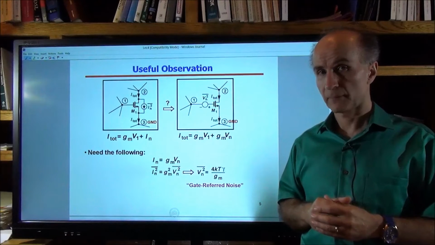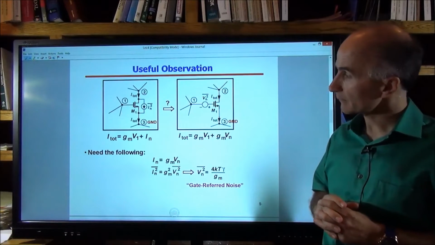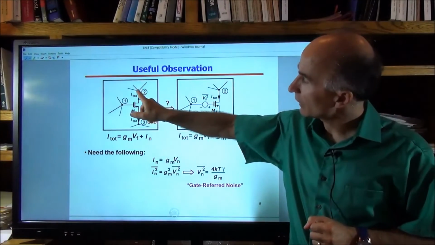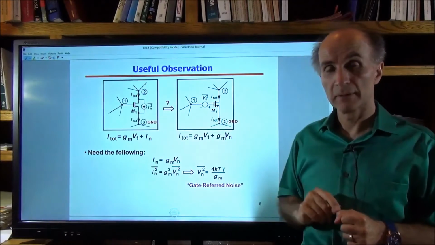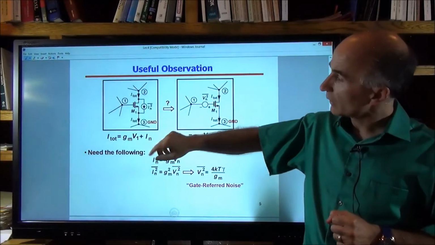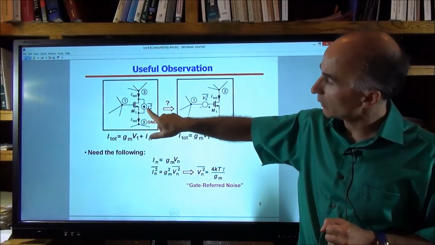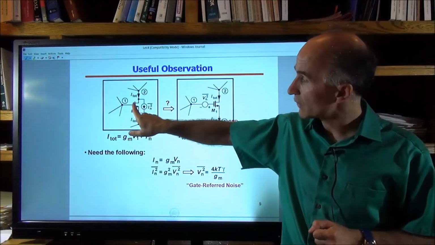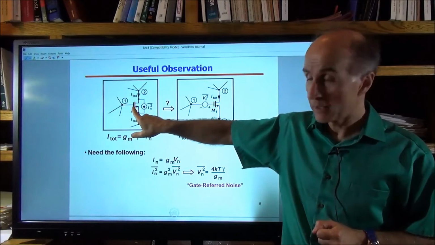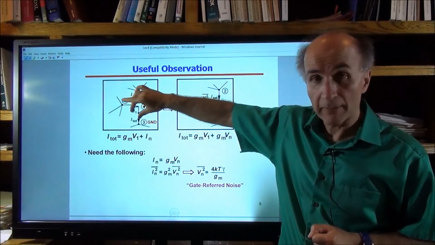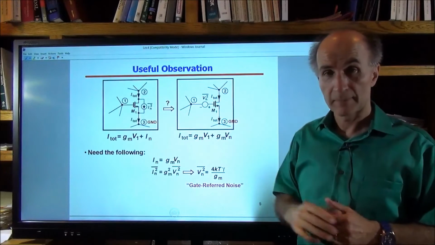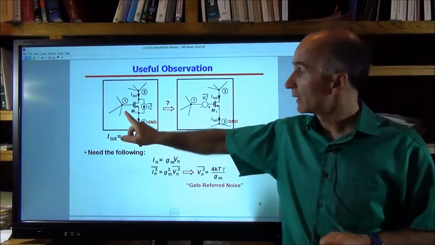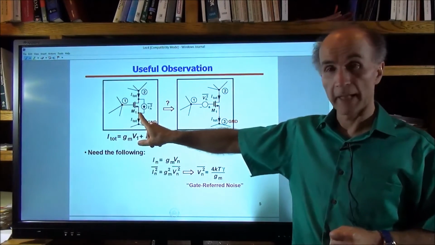Okay, now we say, how much is the total current that we have here? Well, the total current that we measure here is equal to this current plus any current that is generated by M1 itself resulting from a time-varying VGS. And that would be V1 times Gm.